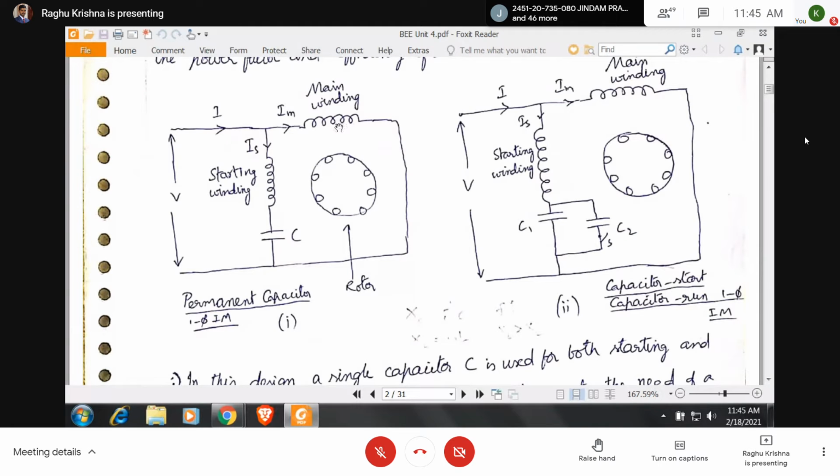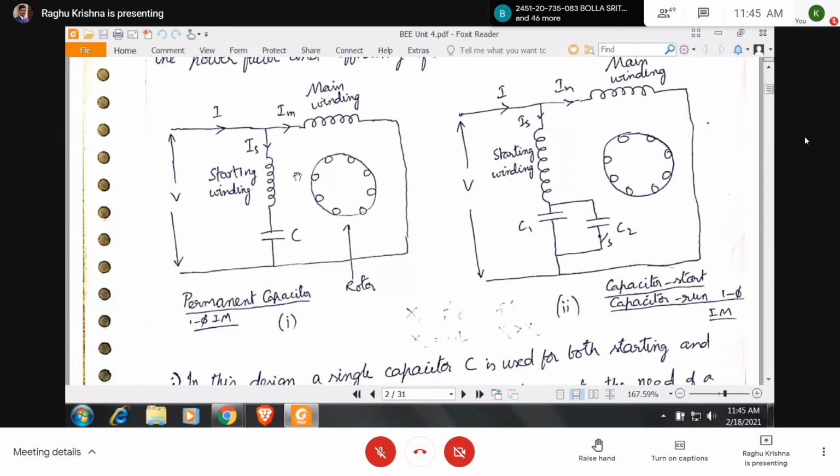The flux produced by the main winding will have a phase difference with the flux produced by the starting winding, and we are going to have a rotating magnetic field.